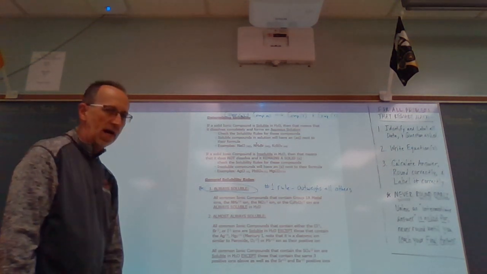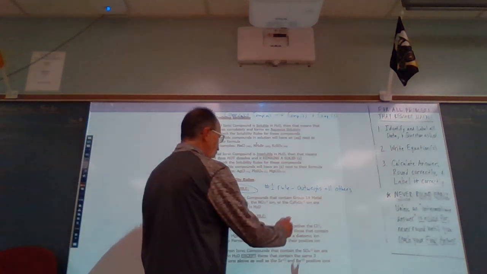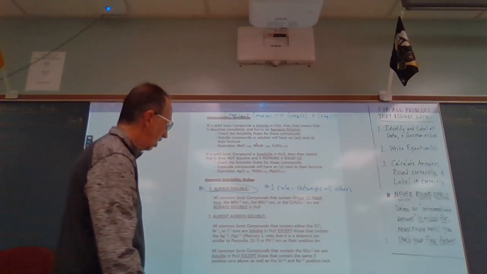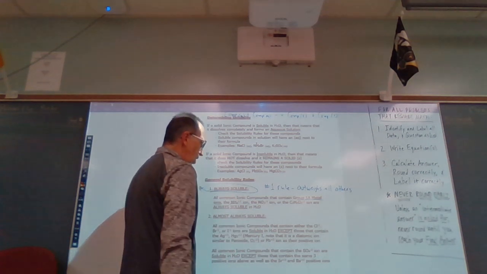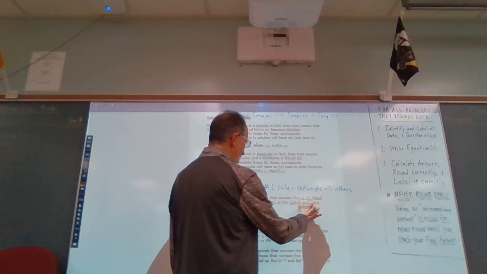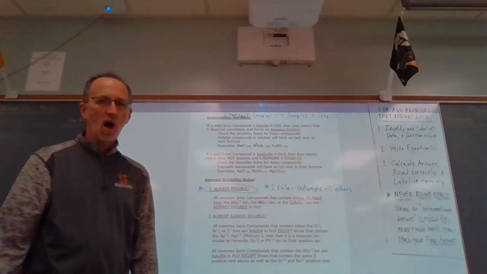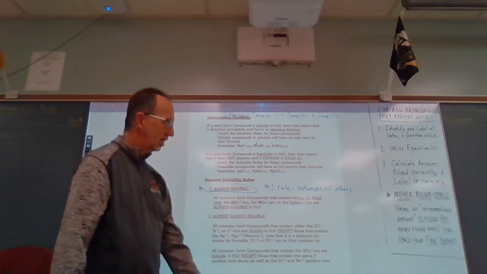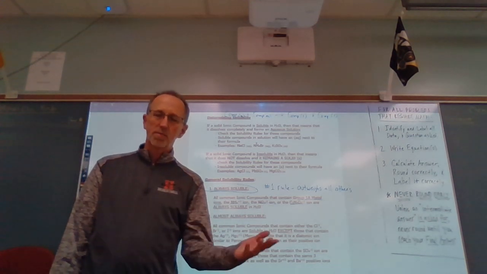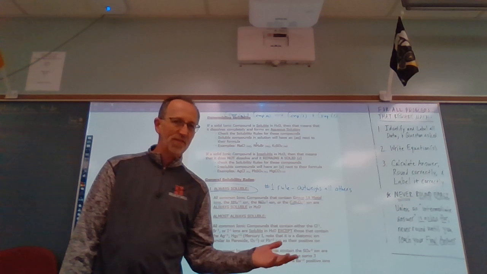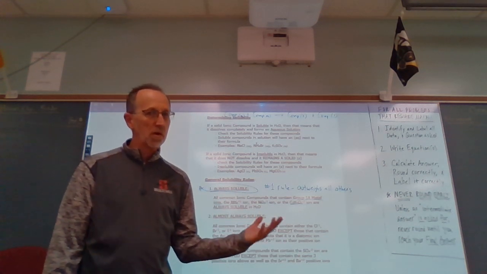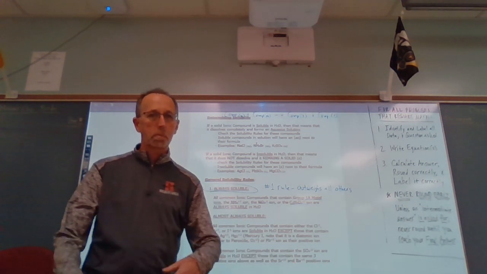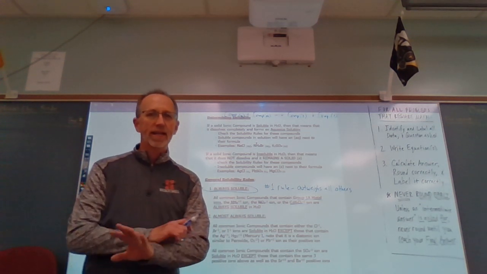So, all common ionic compounds that contain a group 1A metal ion, or the ammonium ion, or the nitrate ion, or the acetate ion, are always soluble. Always. So if a compound contains a group 1A metal, sodium chloride, potassium sulfate, lithium bromide, rubidium carbonate, doesn't matter.